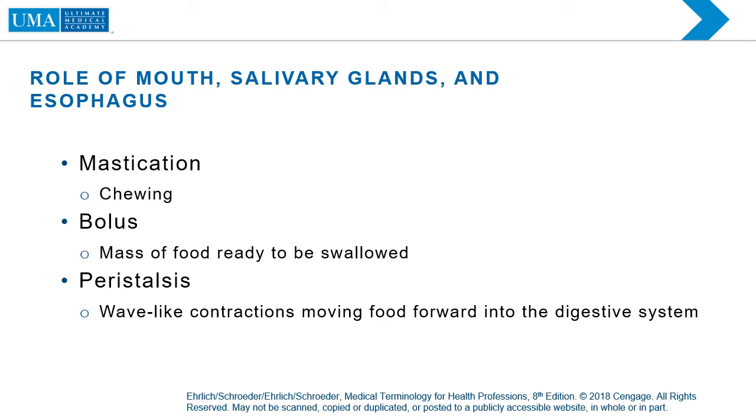Now here in the esophagus is where the food moves downward through the action of gravity and peristalsis. Peristalsis is simply a wave-like contraction of our smooth muscle, and it actually directs the food forward into our digestive system. So think of peristalsis as providing that motion for the food to be transported.